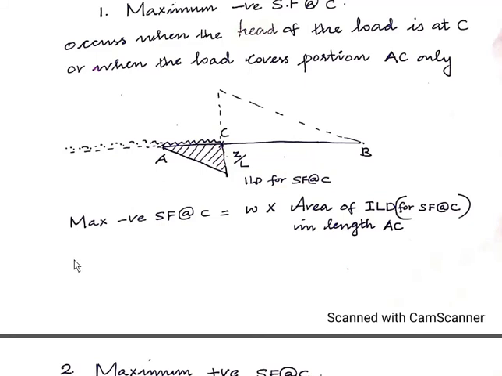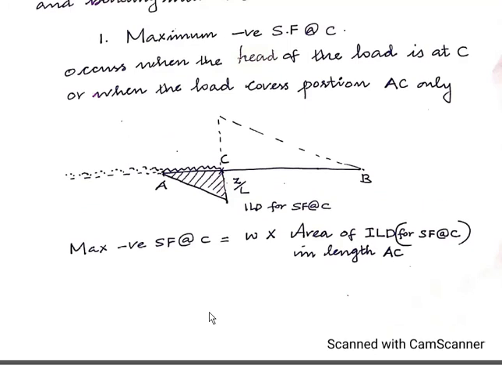And what is the value of maximum negative shear force at C? So the maximum negative shear force at C occurs when the head of the load reaches the point C, or when the load is on the portion AC only. And the maximum negative shear force at C, the value is W into the area of ILD in length AC.